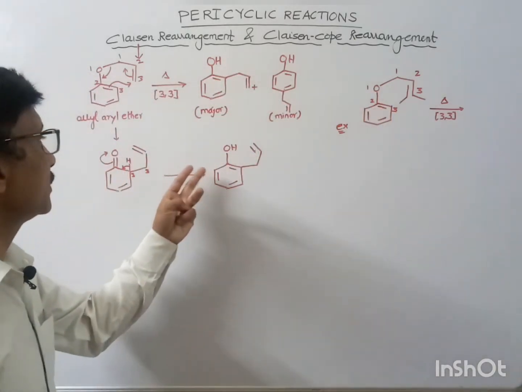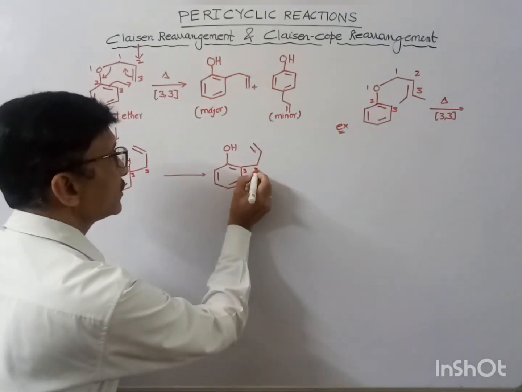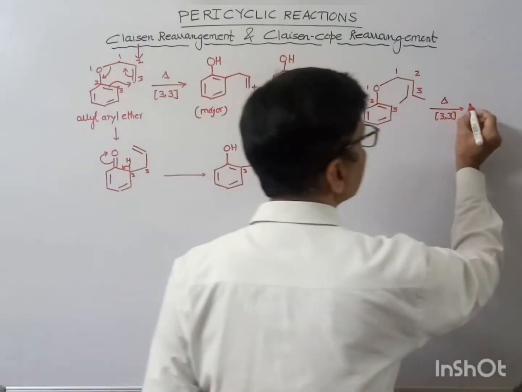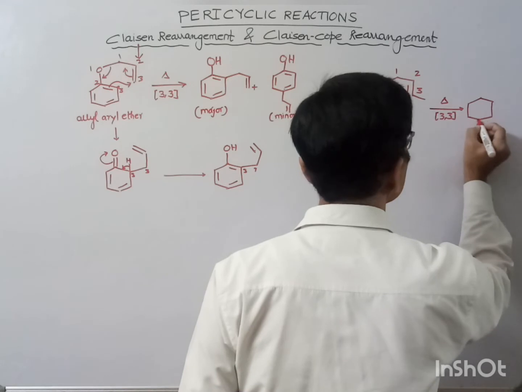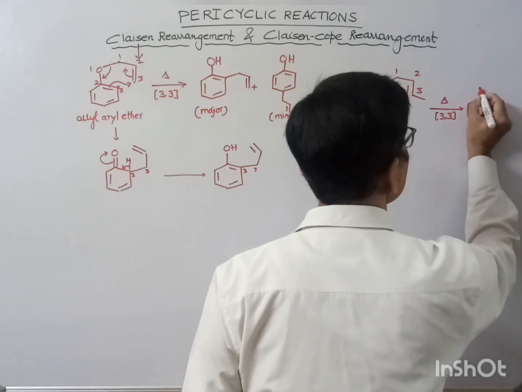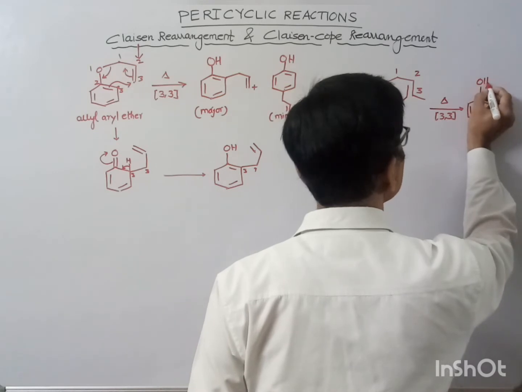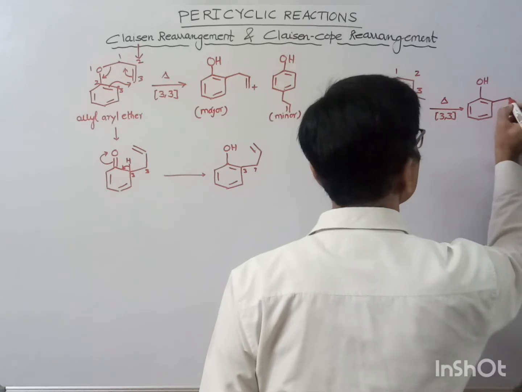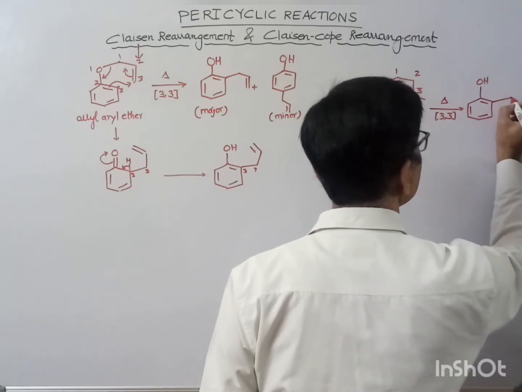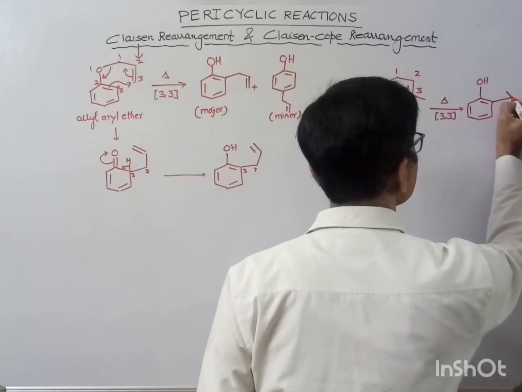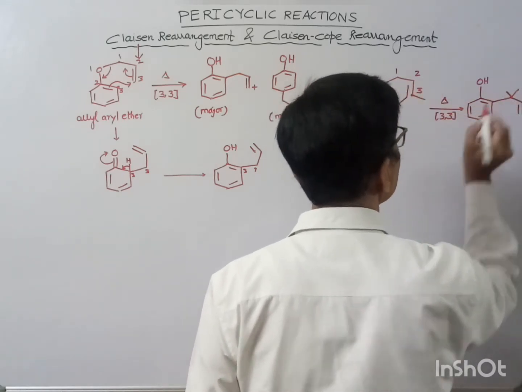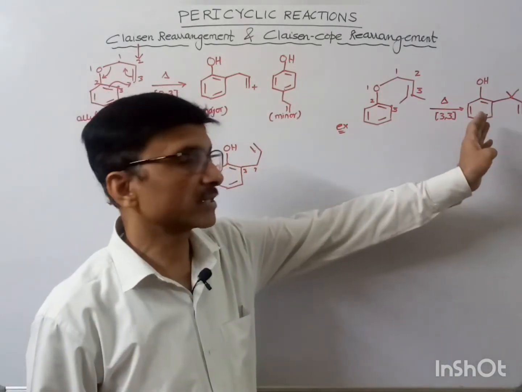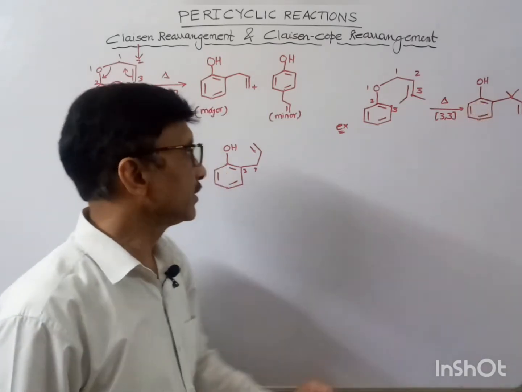A new bond is formed between 3 and 3, between this carbon and this carbon. So in the product you will have this OH, and a new bond formed between these carbons, and these are the two methyl groups over here. Like this, the ortho product is formed as the major product, and the para product may also be formed as the minor product.